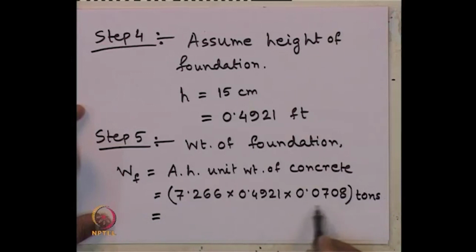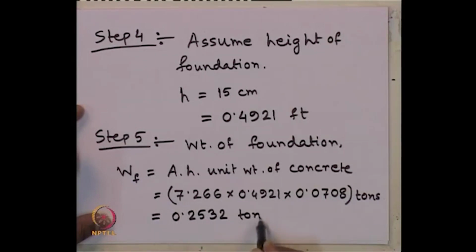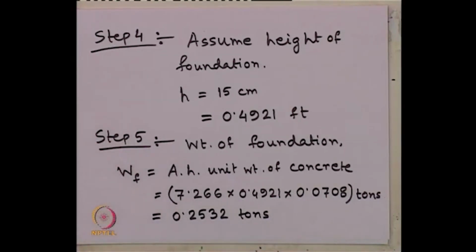This is the unit weight of concrete, 0.0708 in the unit of tons per feet cube. So, it is giving us about 0.2532 tons as the weight of the foundation.